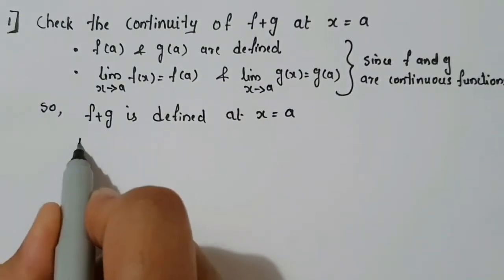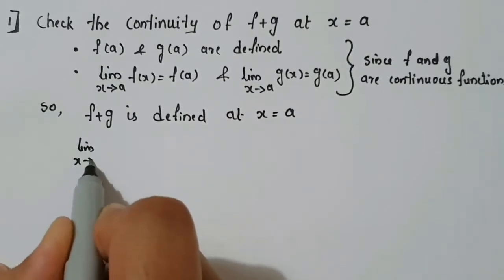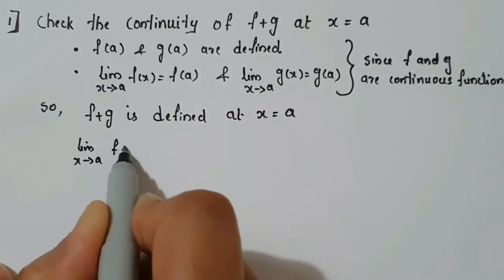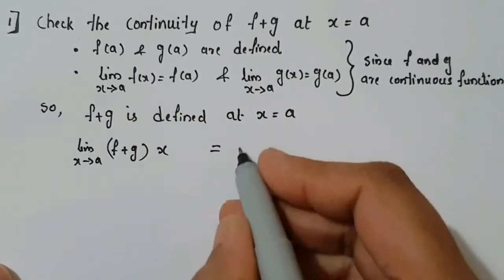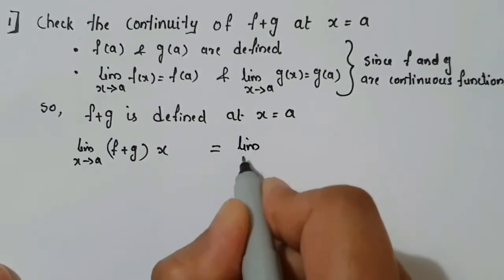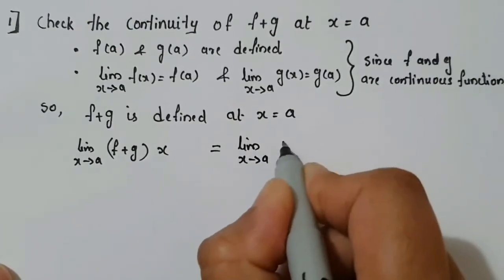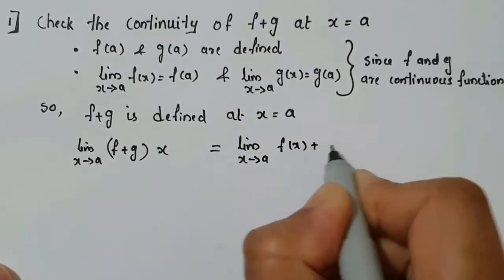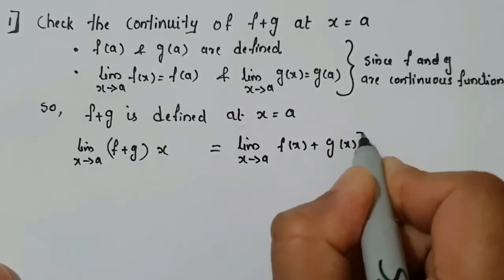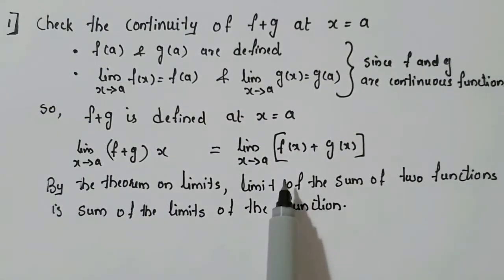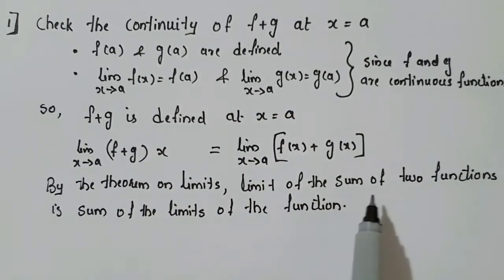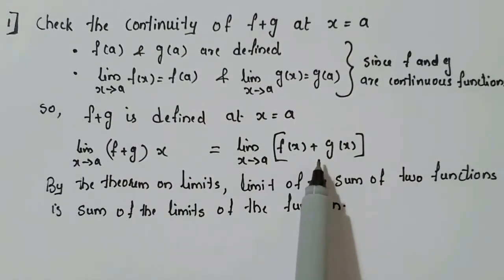Now we have limit x tends to a of f plus g of x, this is equal to limit x tends to a of f of x plus g of x. By applying the summation rule that you have studied in the algebra of limits section in the previous year, the limit of the sum of two functions is the sum of the limits of the functions.